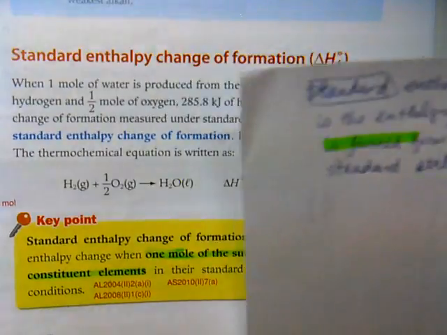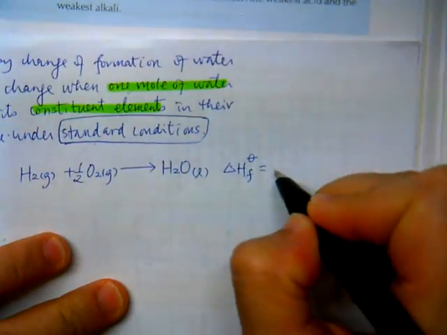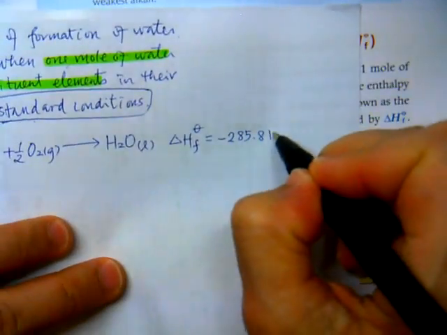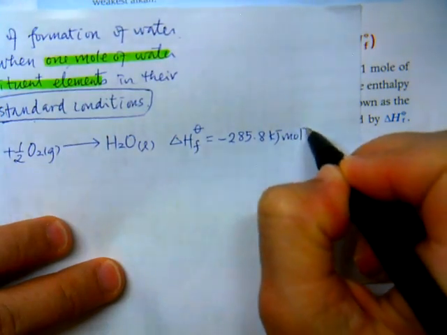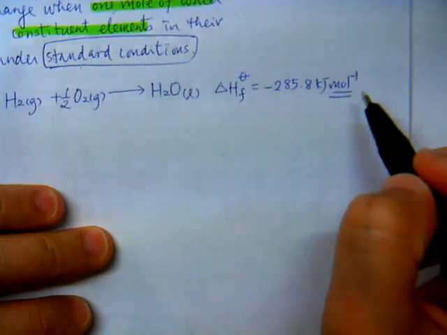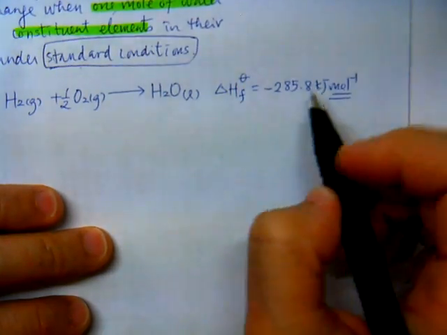Do you understand? Now, what is this value? It is negative 285.8 kilojoule per mole. First of all, what does it mean? Per mole of what? Per mole of water.